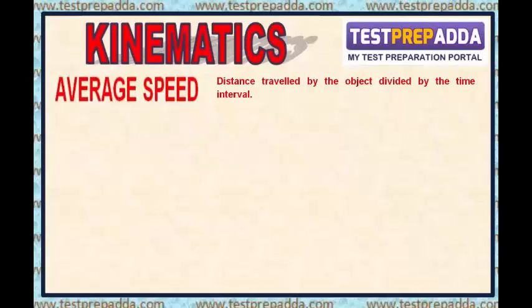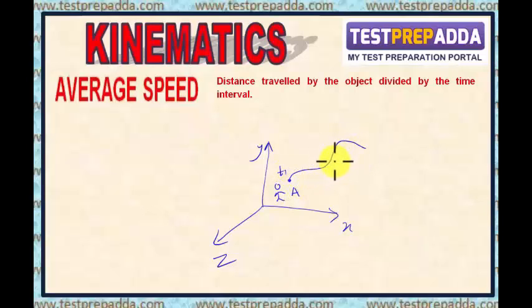For example, in this frame of reference, take this as X, this as Y, this as Z. You are at A at time T1, and then after covering a certain distance, you are at point B at time T2.